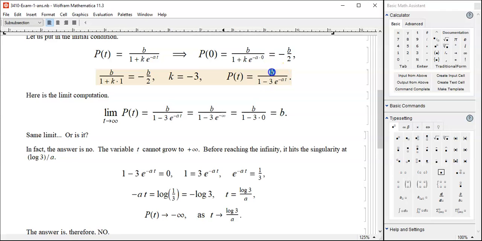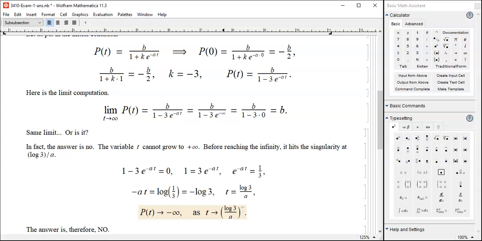And b is a positive number, and going here from the left-hand side, what do you get? P is going to negative infinity as t is approaching log 3 over a. Actually, from the left-hand side would have been a little bit more precise expression.